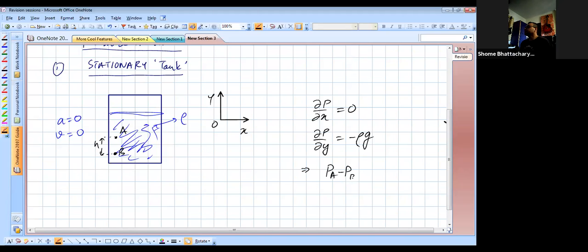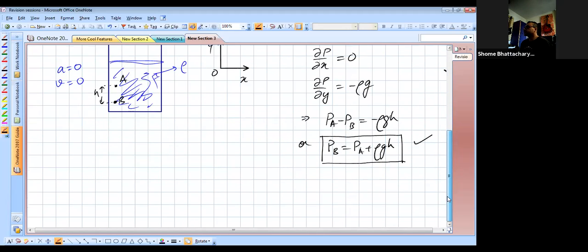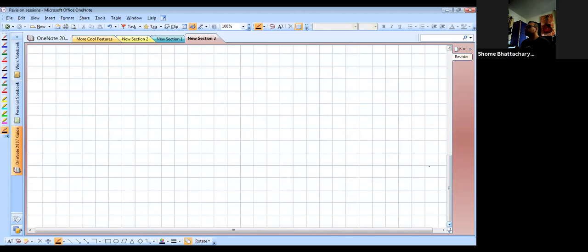In this case, E is above P, so it will be at a lower pressure. Or we can say that pressure at a lower point will be the pressure at the highest point plus rho gh. So the entire first section, hydrostatics, is mainly based on applications of this equation, that a vertical pressure gradient exists, directly proportional to gravity and height difference in the case of a stationary tank. So let us see some examples based on this.